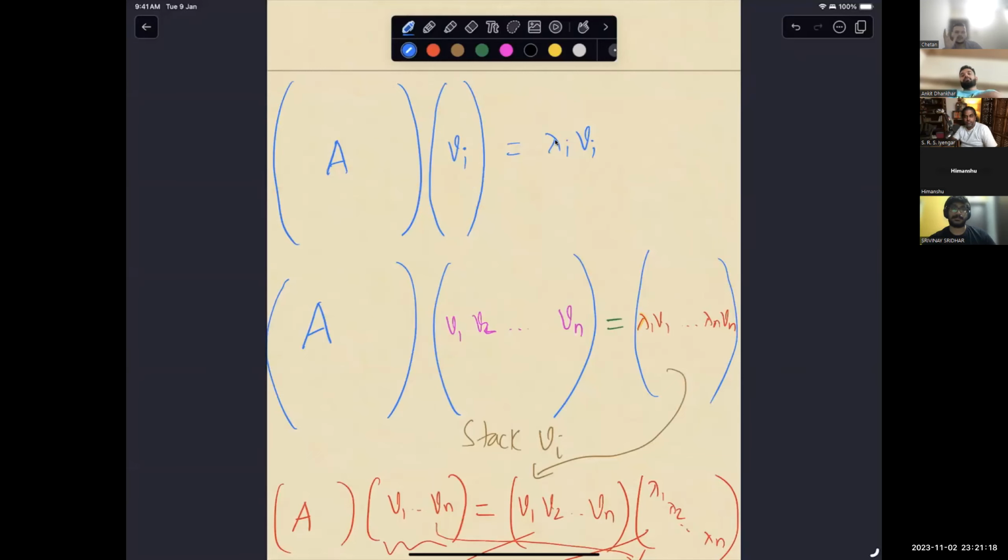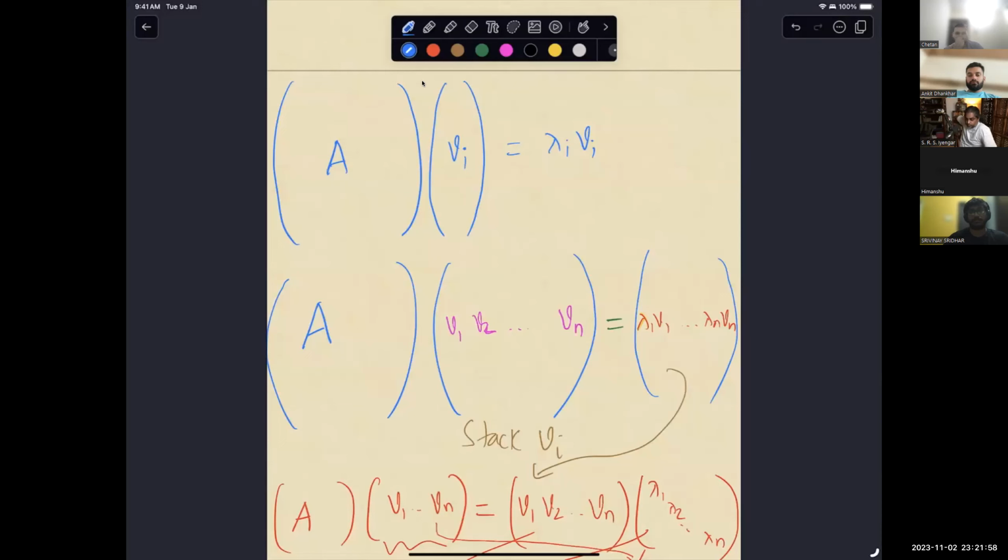For a 2 cross 2 matrix, there were such actions where that was happening. And we said, okay, these two directions are very important. These are the directions of our eigenvectors. We took those eigenvectors. We said, okay, when we give that eigenvector to our matrix, it gives us a scaled version of that eigenvector.